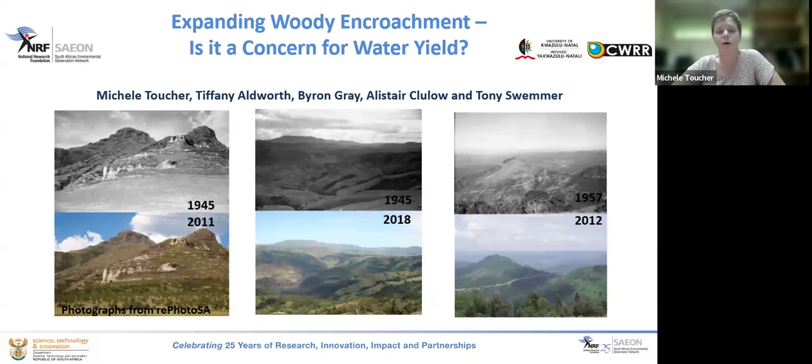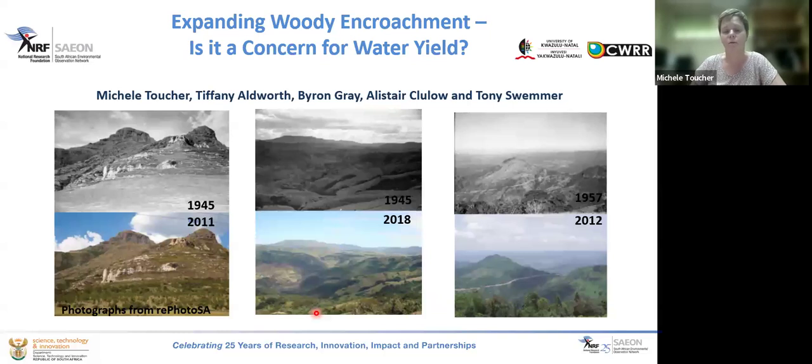In terms of the background as to why, there's quite a lot of literature from an ecology point of view looking at the expansion of woody vegetation in South Africa, or bush encroachment. Here I've got some photos from Rephoto SA that show some of the woody encroachment being noticed across South Africa.